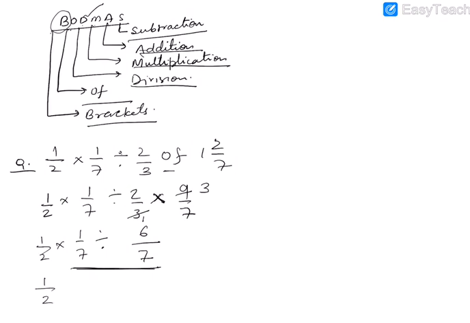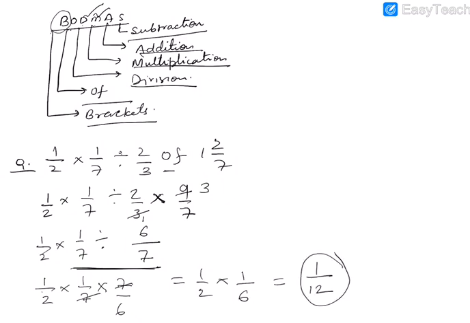We'll convert this sign into multiplication, so we'll take the reciprocal of 6 by 7, which becomes 7 upon 6. This is cancelled. So we can write 1 by 2 into 1 upon 6. Now after division, multiplication. So 1 upon 12, and this is solved.